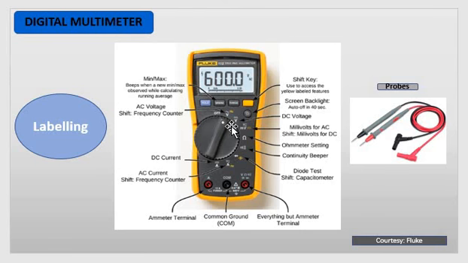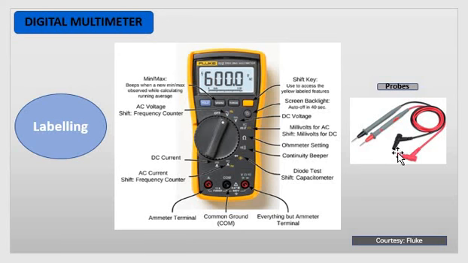Only, care should be taken that before checking the continuity of any electrical circuit, please switch off that circuit. Here three jacks are shown. One is for the ammeter terminal, one is for the ground or common terminal, and the everything-but-ammeter terminal is used for voltage measurement, resistance measurement, and continuity checking.